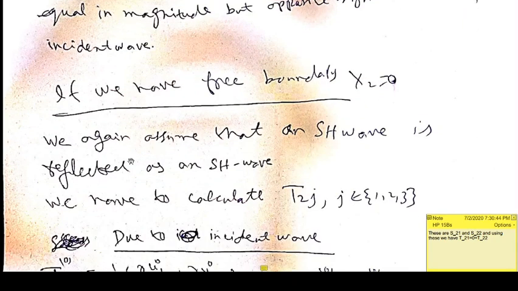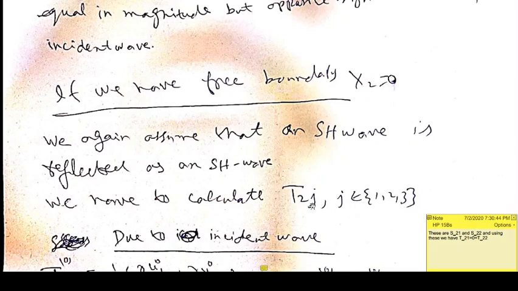Now if you have a free boundary, let's see what happens. Again we suppose that the incident wave is SH and the reflected wave is SH. Now we have to calculate stress components, because for a free boundary we have to take stress components, and they will be T2J. This 2 is coming from x2, so T2J, where J will vary from 1 to 3.